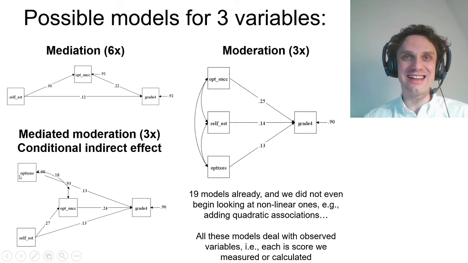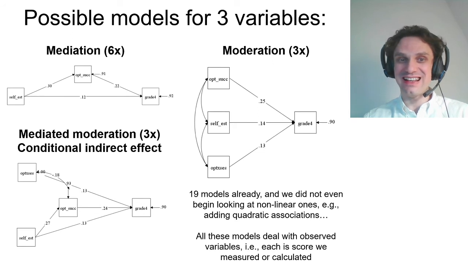And finally, we can actually combine mediation and moderation in one model, so that we have a cause, for example, self-esteem, we have a mediator, which is optimism, and we have an outcome, which is our academic achievement. But maybe there is an additional effect on academic achievement of a combination of self-esteem and optimism.